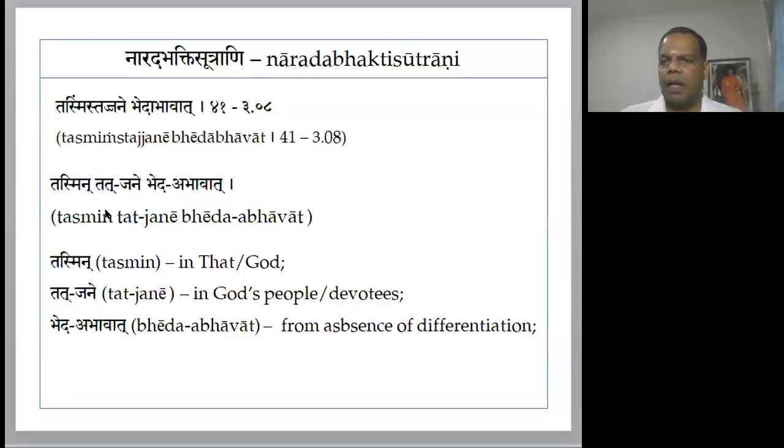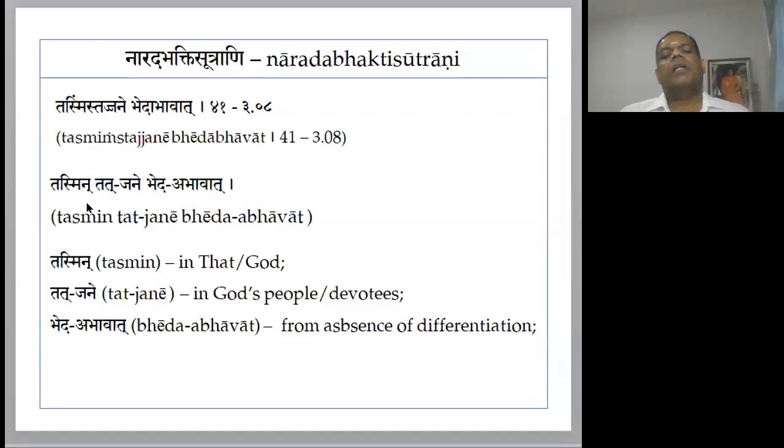What happens is a half letter sa gets added due to this sandhi. So tasmin's tat. This in is actually shown as an anusvara here, but there's an added s when the sandhi forms. So that's how you get tasmin's tat.